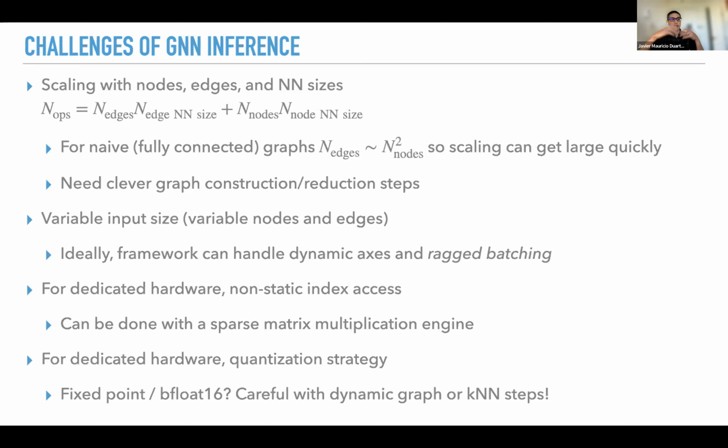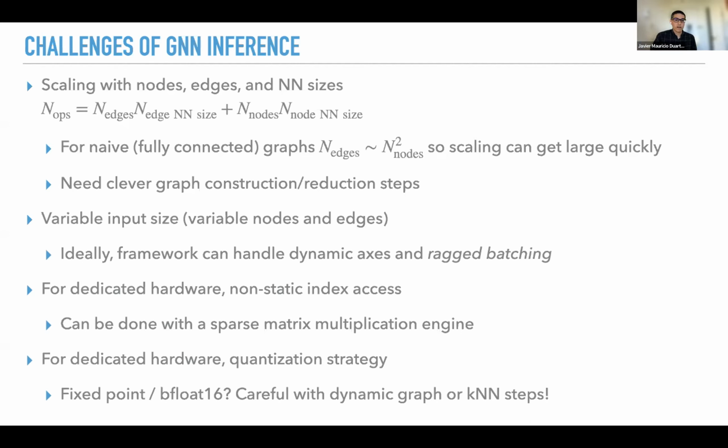So there's a lot of additional hardware being implemented that may not be used for any given example. Some of this can be done with a sparse matrix multiplication engine that's tailored for this, but this is just another challenge.